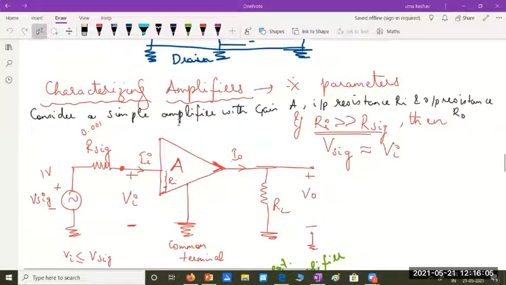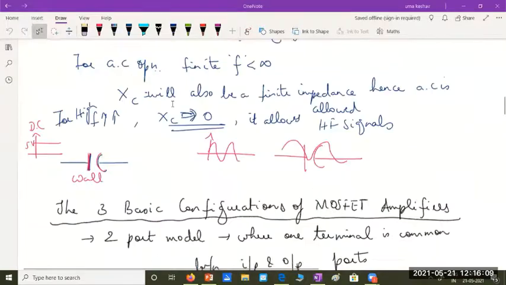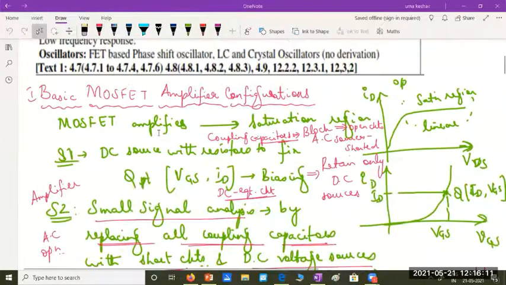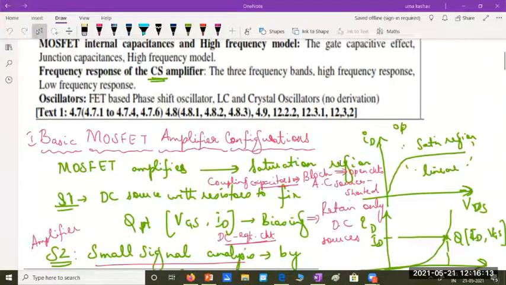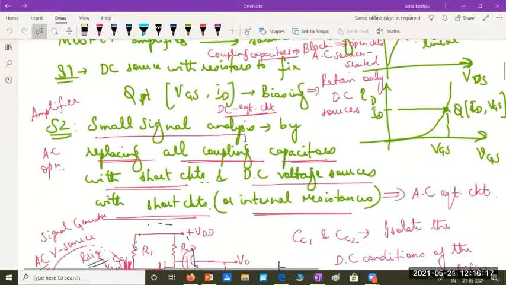In the last class, we began module 2, where we'll be talking about basic MOSFET amplifiers as the first part of module 2. And whenever we talk about amplifiers, we should do analysis in two parts. The first part is to do the DC analysis and fix the bias point or the operating point.